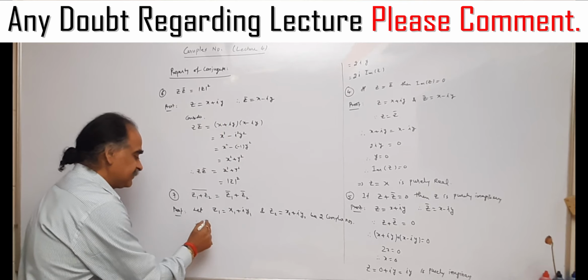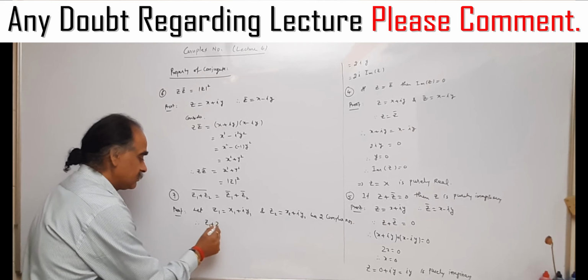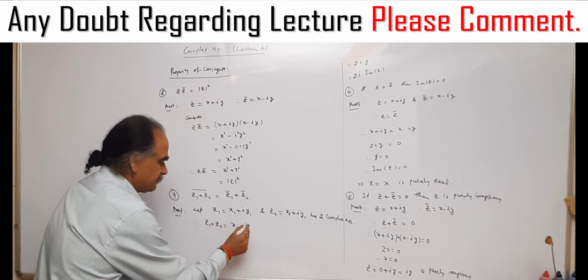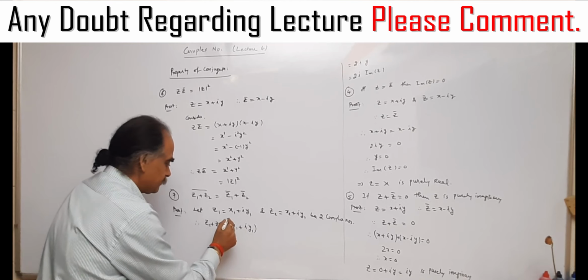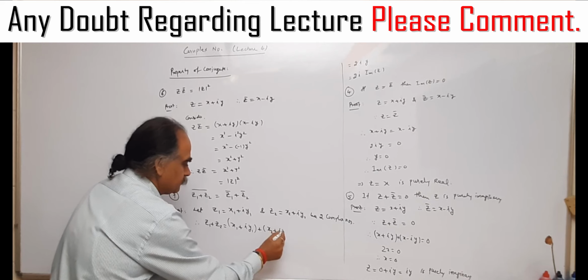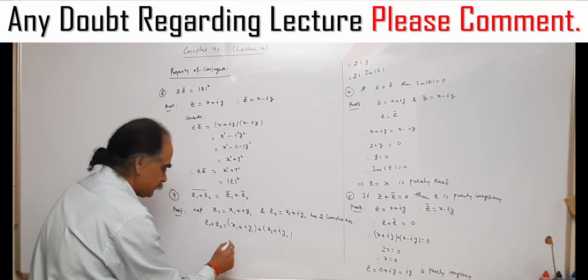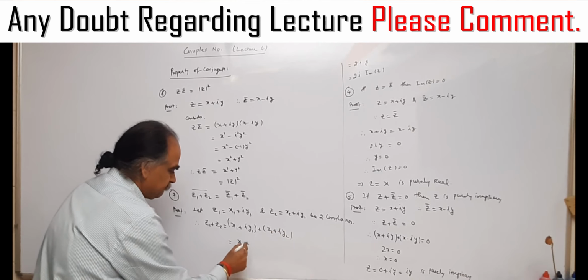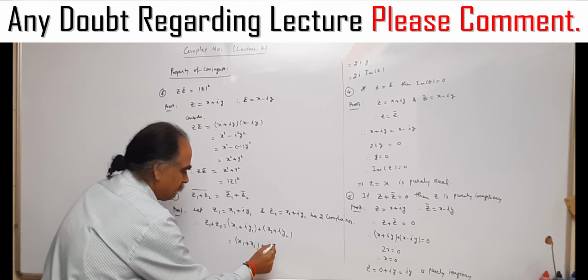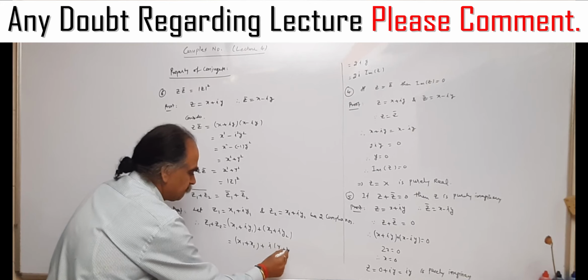So z1 plus z2 is x1 plus iy1 plus x2 plus iy2, which is x1 plus x2 plus i common y1 plus y2.